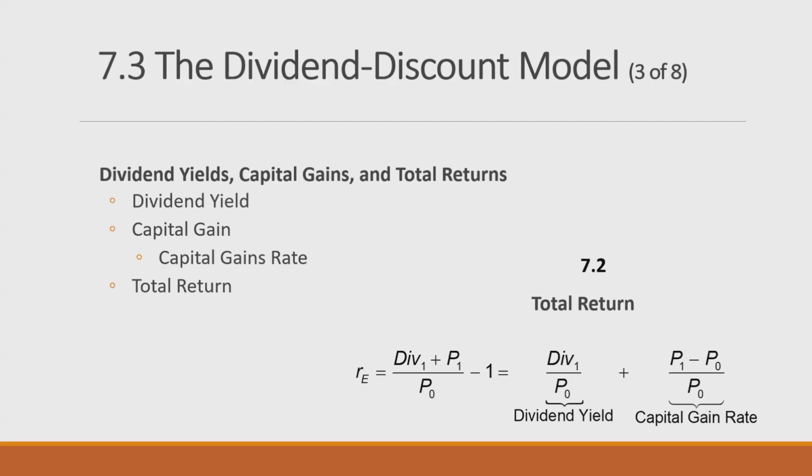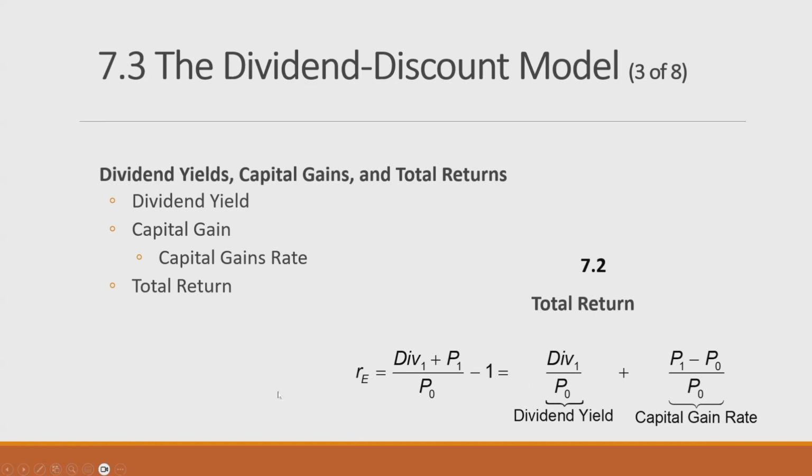By dividing the capital gain by the current stock price you get the capital gain rate, expressed as a percentage return. Combining the dividend yield and the capital gain rate yields the total return of the stock, representing the anticipated return for a one-year investment. And here you see this equation 7.2.